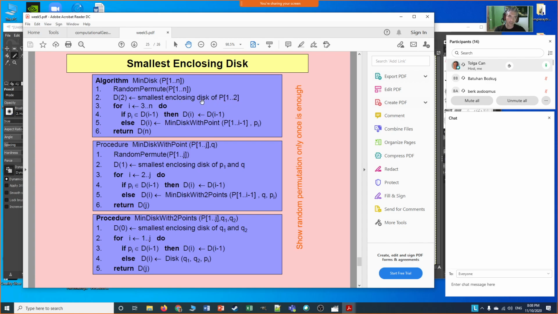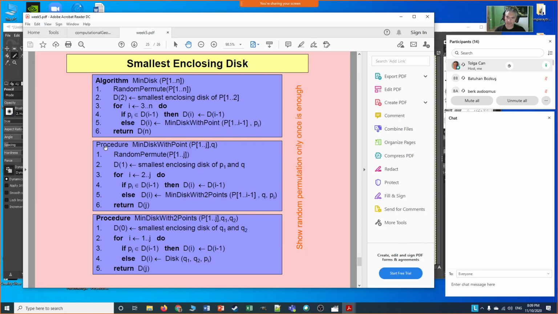That's the unique disk in which the middle point between 1 and 2 is its center. Starting from i equals 3 to n, if the next point is already inside the previous disk, then this disk is the same as the previous disk. Otherwise, we call this function min disk with point. Now this point pi, we are sure that it has to be on the disk.